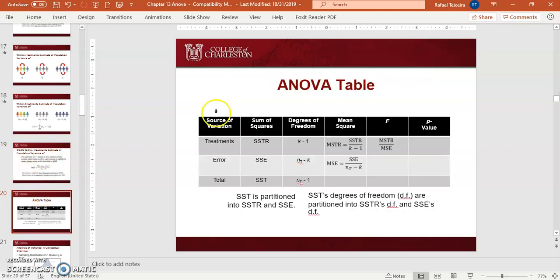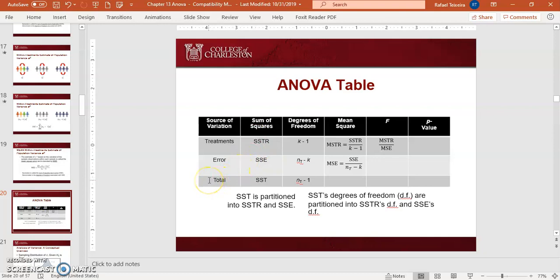So all this information can be summarized in the ANOVA table. That's very important. In this ANOVA table, we have a source of variation that comes from treatment, which I showed you before, and the sum of squares is the sum of squares due to treatment. We have a source of variation which is error, the sum of squares error.